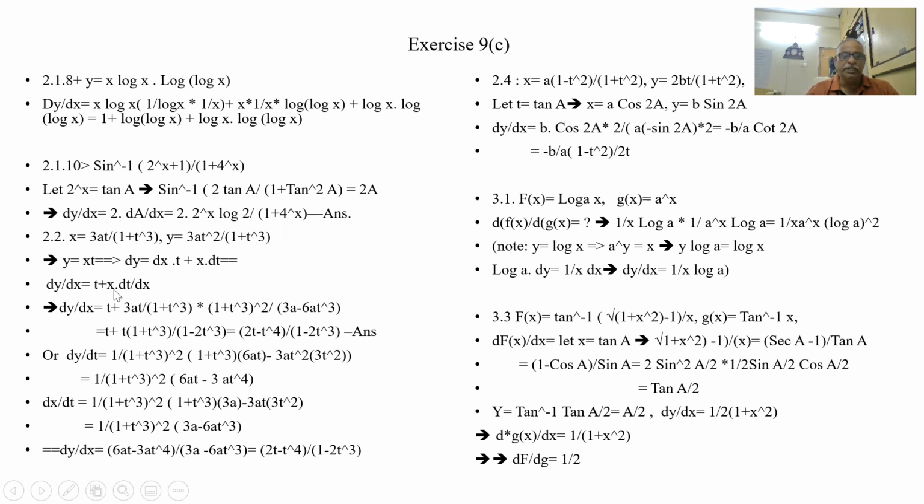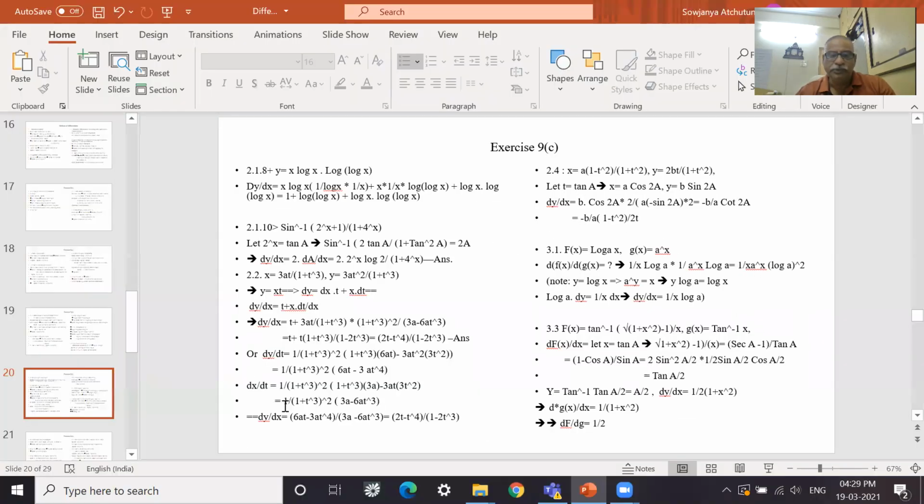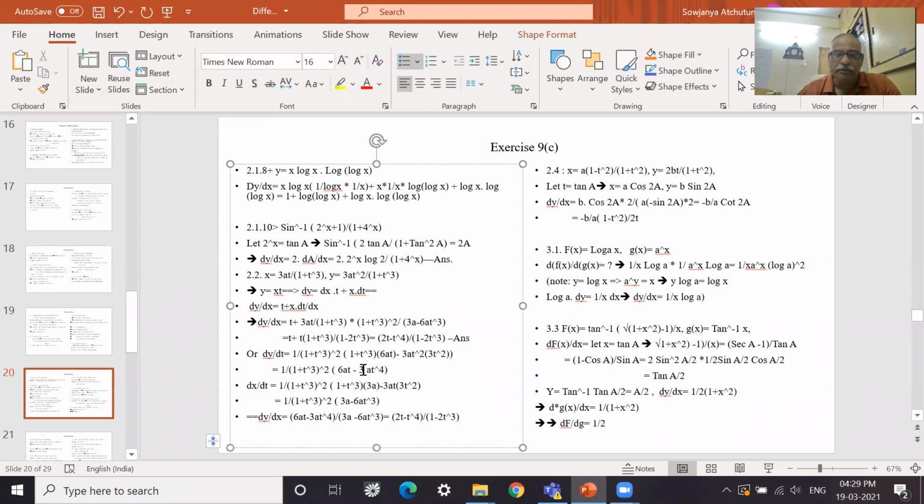Similarly, dx by dt. We have 3 into 3, 9. 1 by 1 plus t cubed whole square. What is y? y is given here: 1 by 1 plus t cubed whole square into 1 plus t cubed into 6at minus 3at square into 3t square.